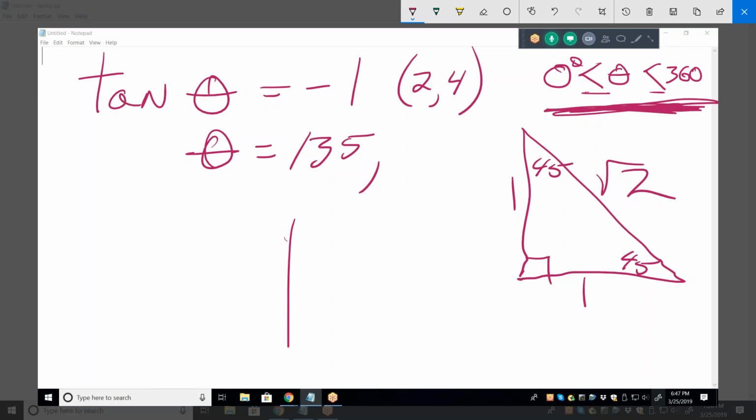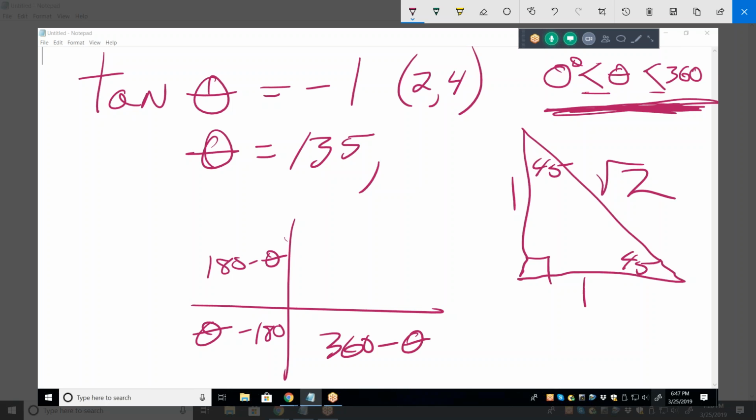Here, the way you do this, here's the second. It's the reverse in the third. And the fourth is the same as the second, only uses 360 minus theta. So what I'm saying is that 360 minus some angle x is equal to 45.